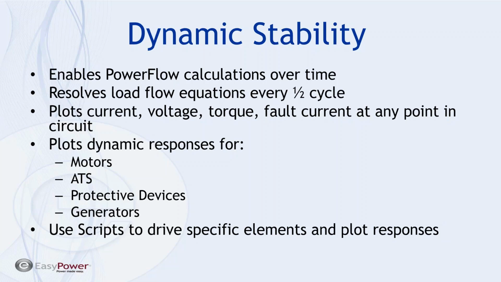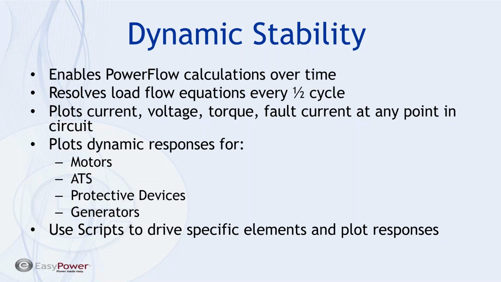Where this comes into play is, as I start the motor over time, it's going to recover from the locked rotor situation. How that impacts my system is relatively important, and it's not illustrated that well in just a power flow calculation.